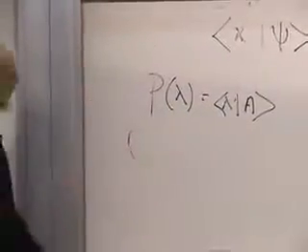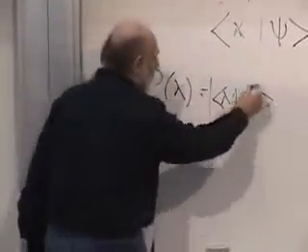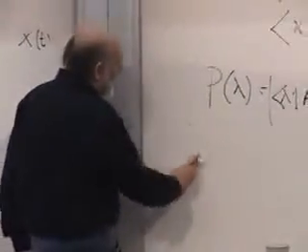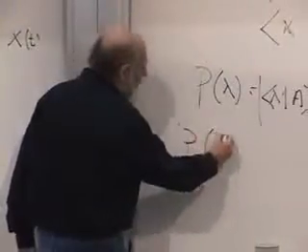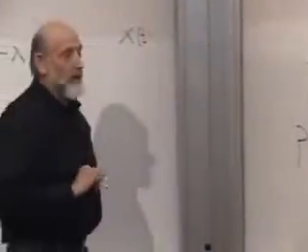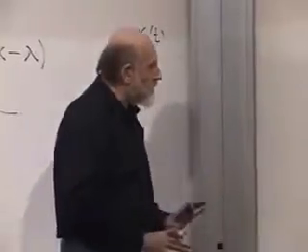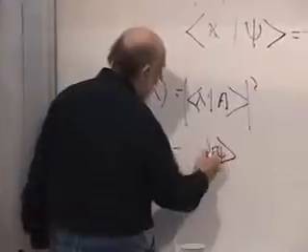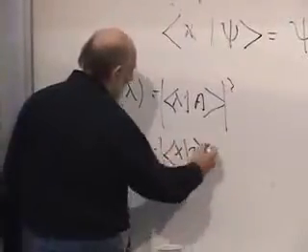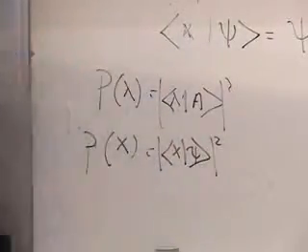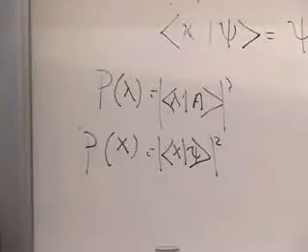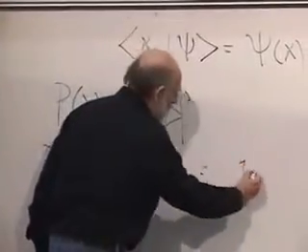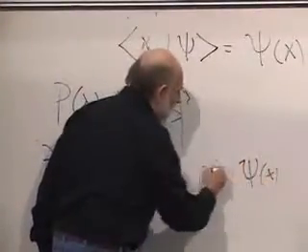In this context, it says the probability for detecting a particle at position x is just equal to psi of x quantity squared, or absolute value squared. But what is this psi of x squared? It's just psi of x times psi star of x.